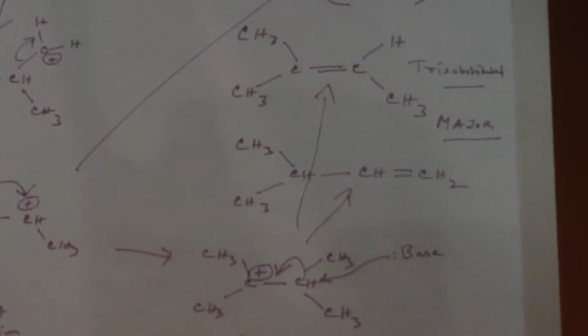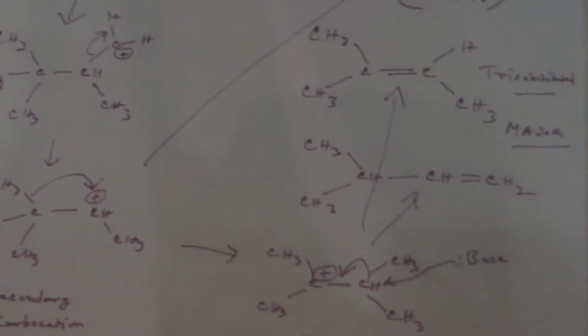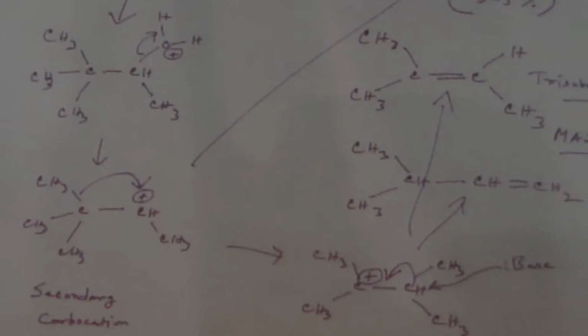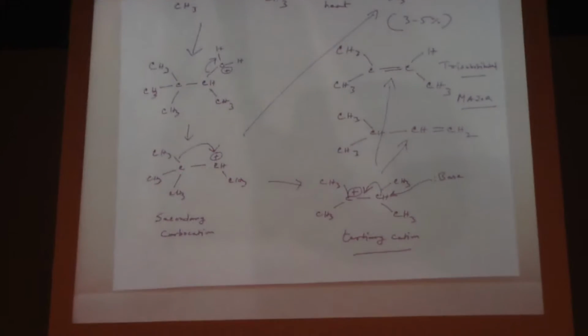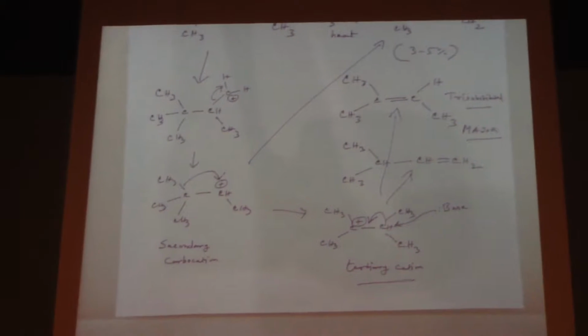And therefore, this is a more thermodynamically stable product, and this is the major product in this case. So again, the driving force for the rearrangement of carbocation is the better stability of the resultant carbocation that is being formed. Any question on that?